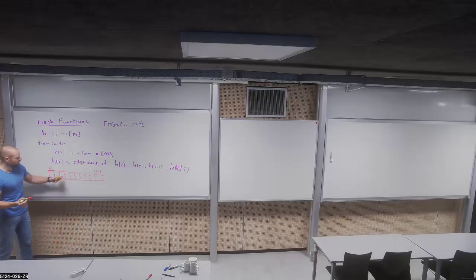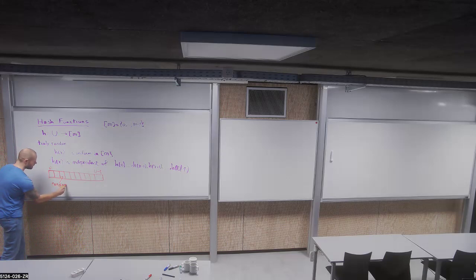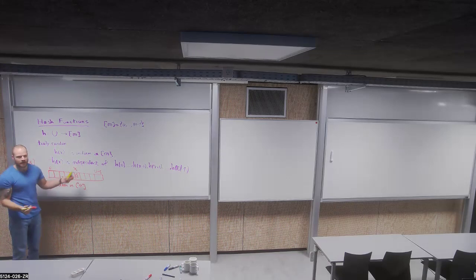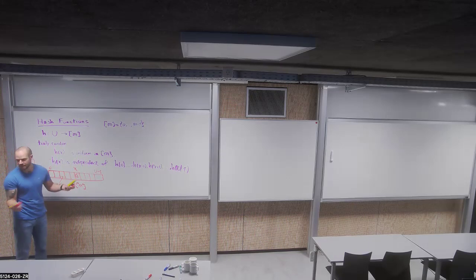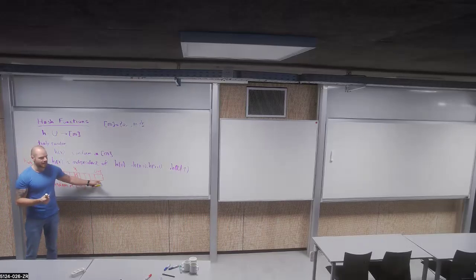When you initialize, you fill every entry with a random number from 0 to m-1, independently of all the other entries. Then when you want to evaluate hash of x, you go to entry x and return whatever value is stored there. You have constant evaluation time, but the issue is that the amount of memory you're using is proportional to the universe size.